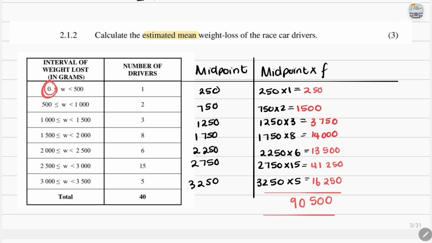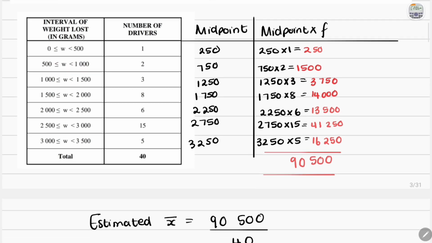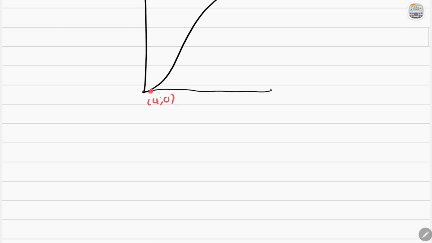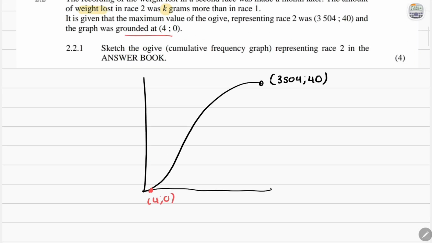And this value over here, whatever this is, regardless of whether it's 0 or not, it always goes on the cumulative frequency. It will go with the y value of 0. So it means that this graph would have been at (0; 0) at this point. And then the highest it would have gone would have been (3,500; 40). But this one is going to (3,504; 40). And this one is going to (4; 0).